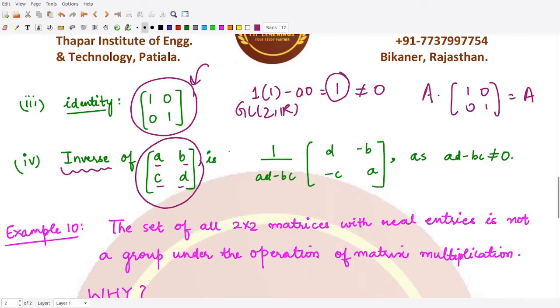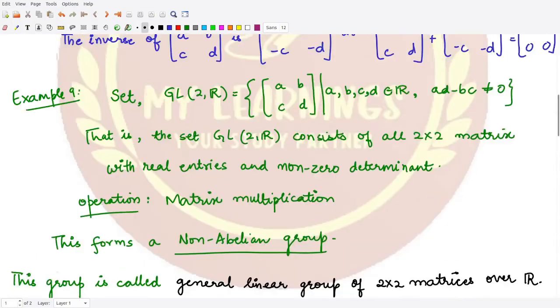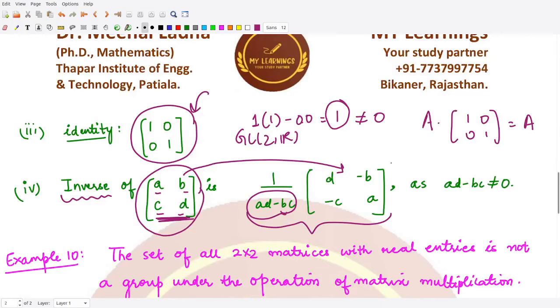So we can calculate the inverse of this matrix by the known formulas from the previous classes. So the inverse is given by this thing. Now because AD minus BC in this case is non-zero, it is given to us. We initially considered this matrix, and the set here tells us that this determinant is non-zero. So therefore we have this as our inverse, right?